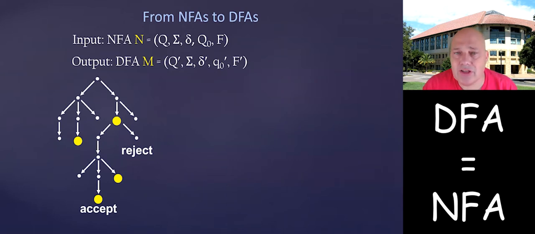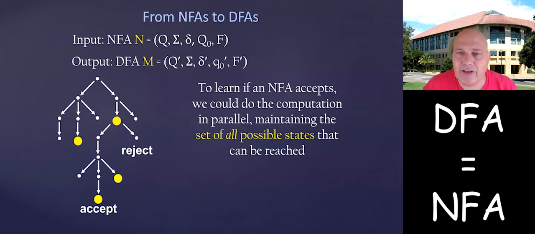This is exponential, but exponential just in the number of states. And the number of states, this is an NFA, it's a constant. So exponential in a constant is still a constant. So that's the idea.